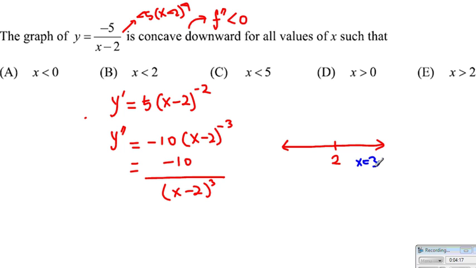When x equals 3, we realize the concavity here. Numerator is always negative, but denominator is positive, which gets us negative. When x here is equal to 1, then top and bottom are negative, which makes it positive. Now, concave down, we are looking for the negative section. So therefore, our area will be x has to be greater than 2, which is choice C.